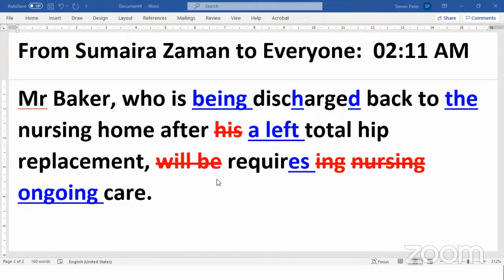So the remaining students write different types, because this purpose is very important. Now the second one.